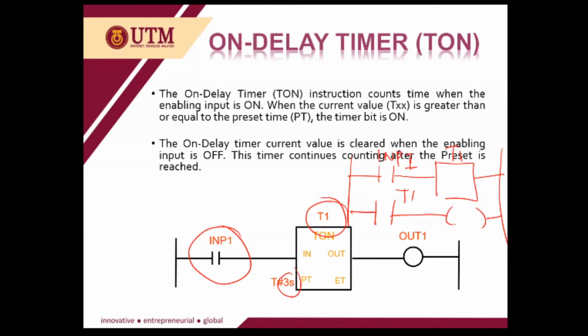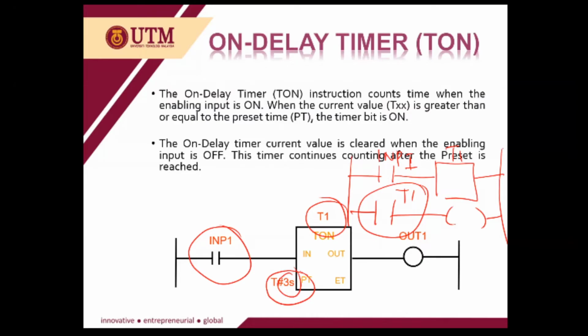You press your input, there will not be any output, or this T1 contact will not be activated. After 3 seconds, only then the timer will provide the output, or the contact will be closed. So it depends on the preset time of your timer. If we set 3 seconds, it will delay for 3 seconds.